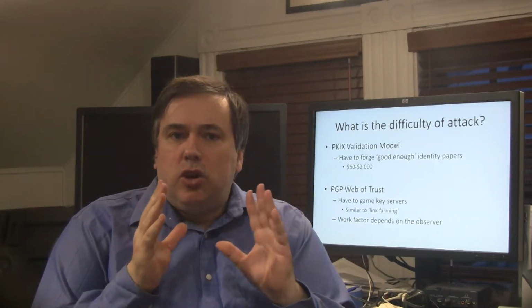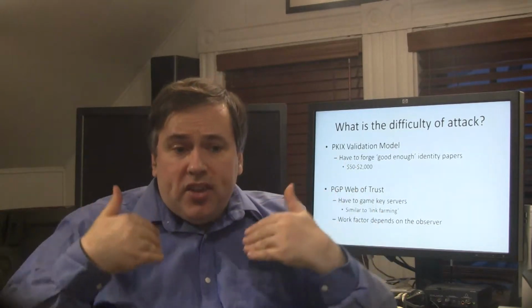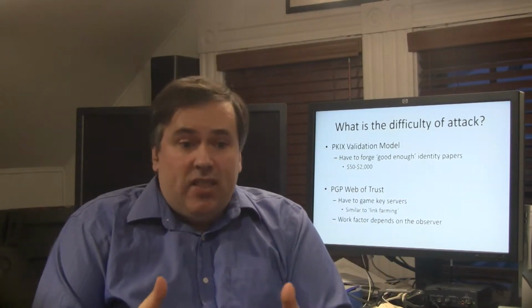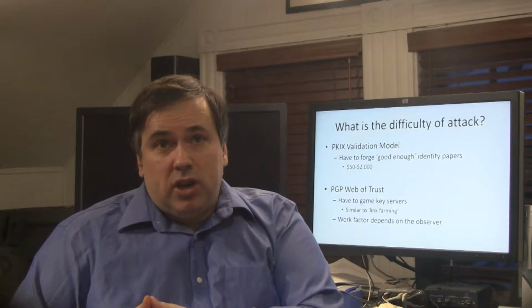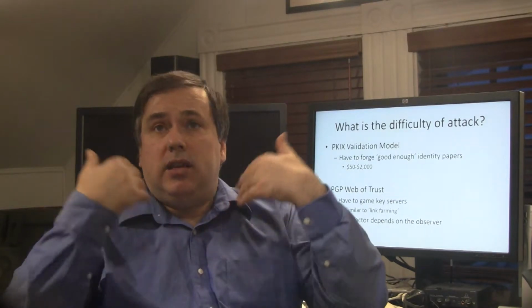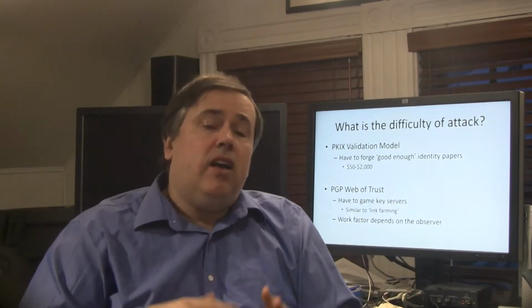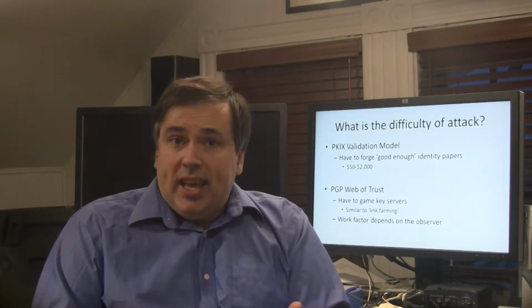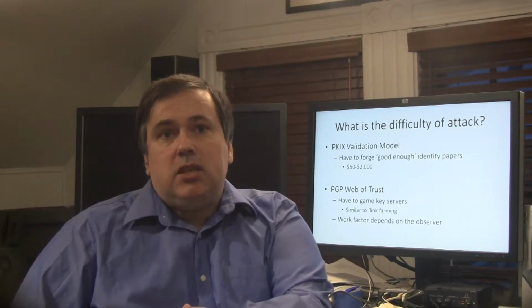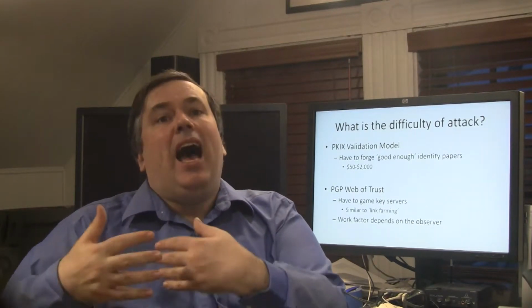Well, the PKIX validation model, if I'm looking at an organization, the way that I've always worked it out is I've looked at the cost of setting up bogus organizations, getting the articles of incorporation signed off and all that stuff, and I can show that it costs $2,000, $3,000 odd to fake my systems. And then you have to look at not just the cost of doing that, but the return on the investment that a criminal might have, how repeatable it is, and so on and so forth.